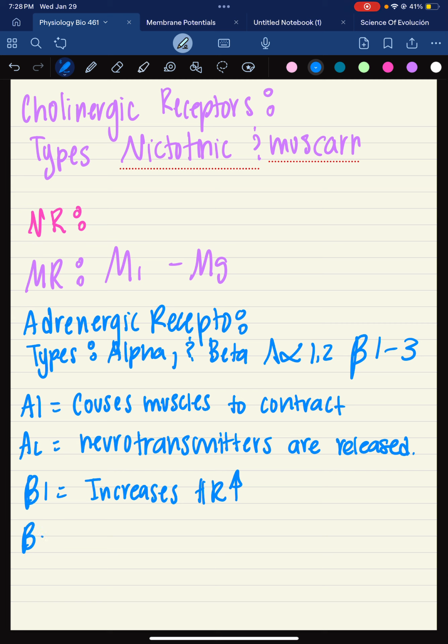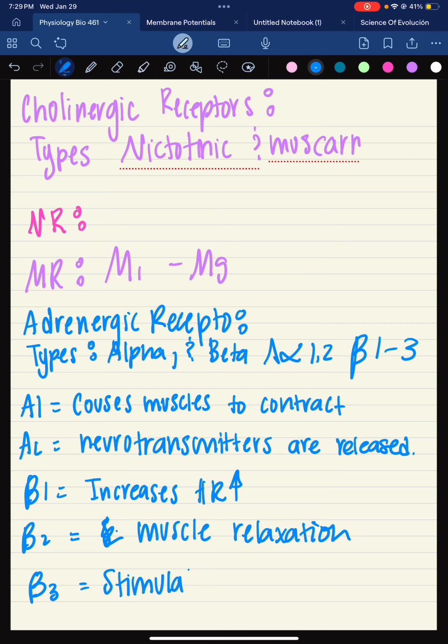Beta 2 causes muscle relaxation. And beta 3 is stimulatory and involves lipolysis.